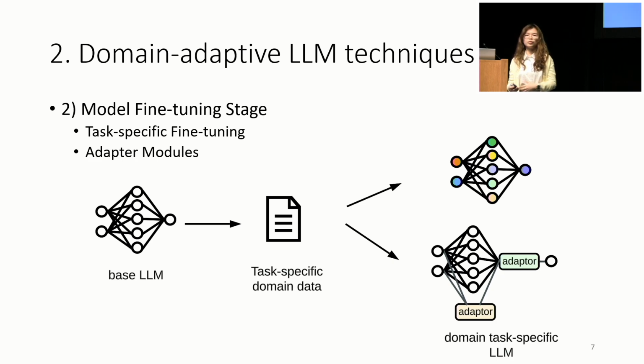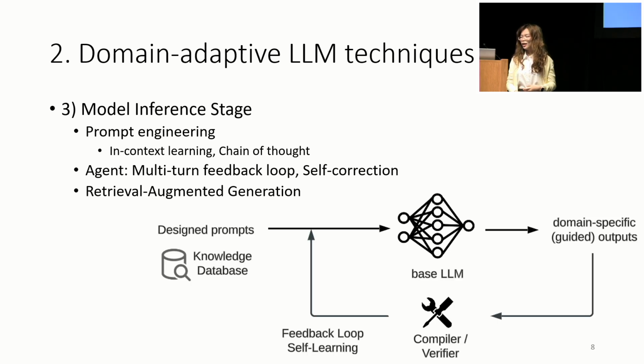This is a trade-off: you will use fewer resources and need to collect smaller datasets, but it also makes the best of the pre-trained knowledge of the foundation model and adapts it to your specific task. The third one is the model inference stage.